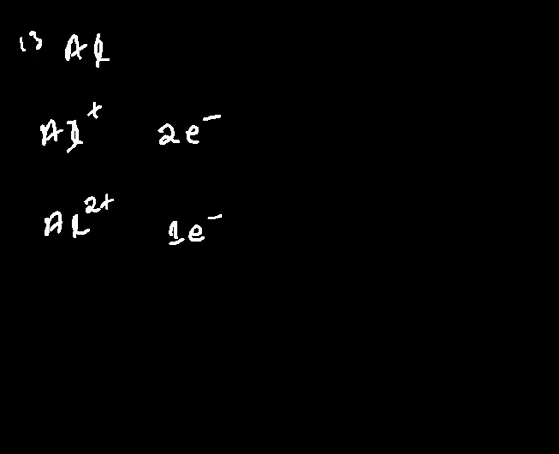Therefore, this ion won't be squeezed as much as the one with a single electron in the outermost shell. Therefore, the one we expect to have the larger radius has to be this one. So that's how you start to understand that one.